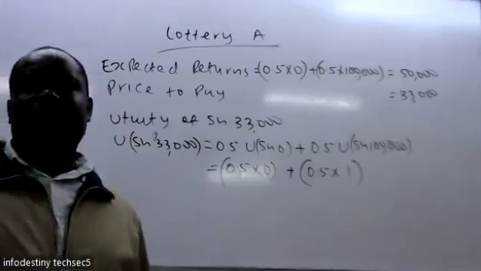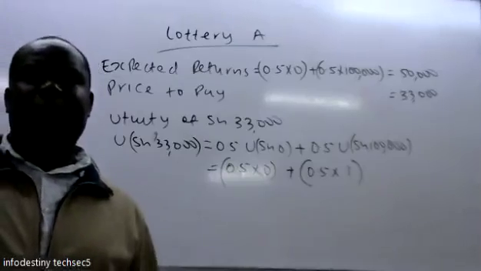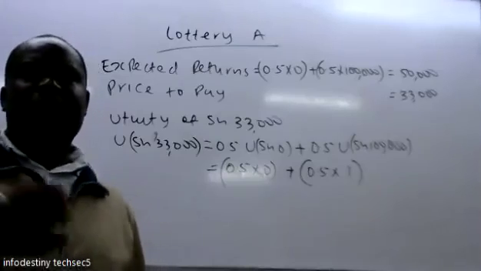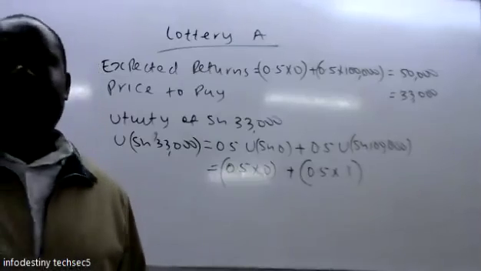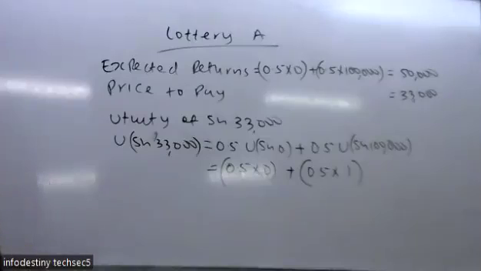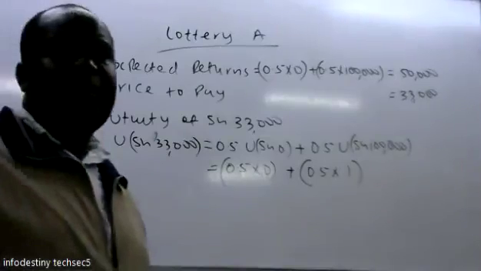If at one point you get 50 and the other 50, it would be 0.5 and 0.5. But here, at one point he has gotten 0, and at the other point 100,000. So that's now for lottery A.